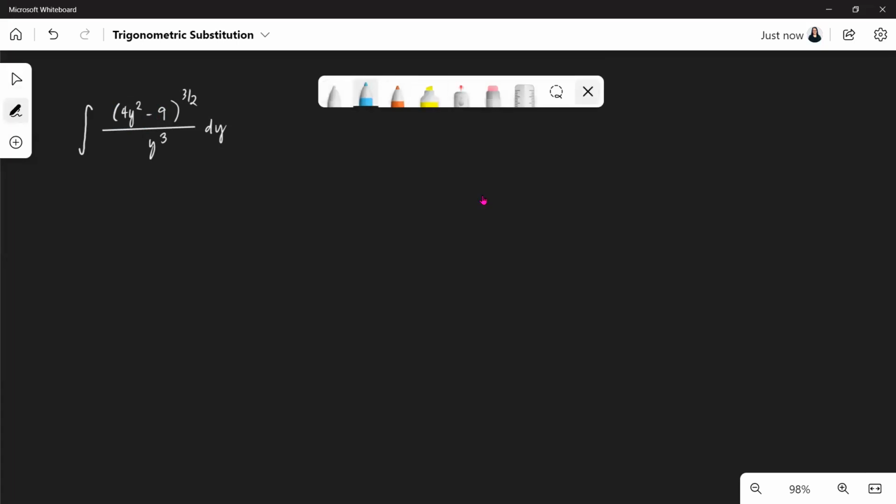So this follows case number 3, the format u squared minus a squared, where u is 2y. The u here is the square root of 4y squared, which is 2y, and a is the square root of 9, which is 3.